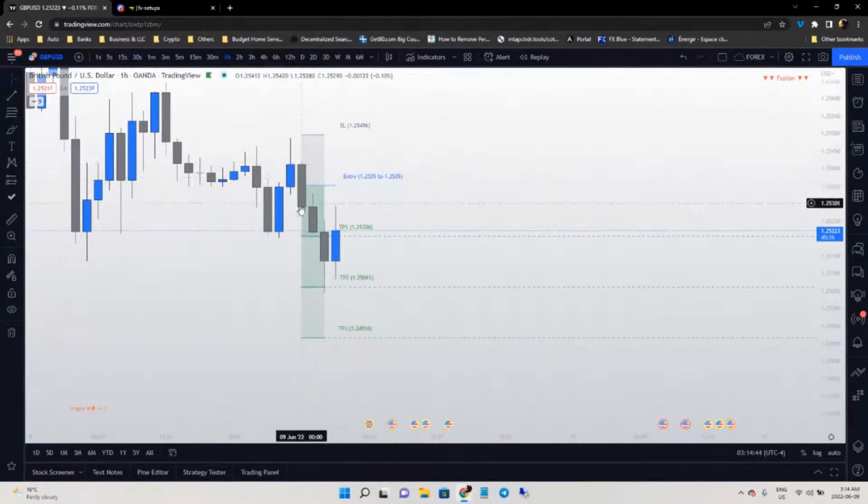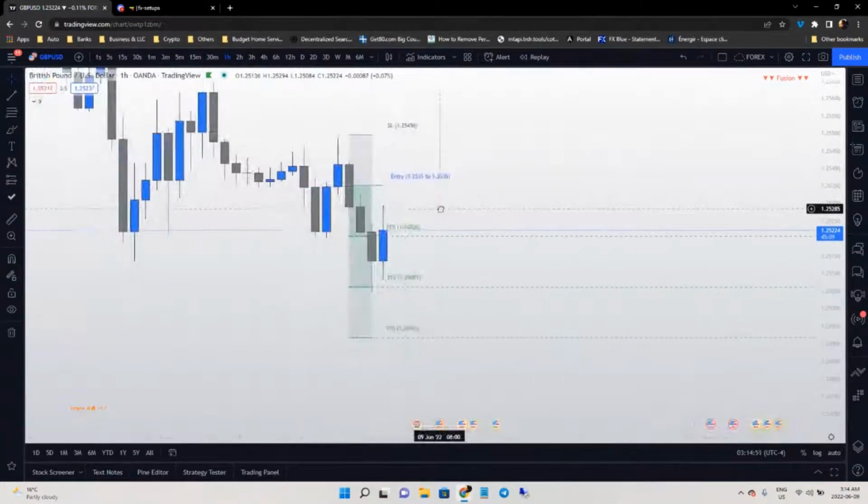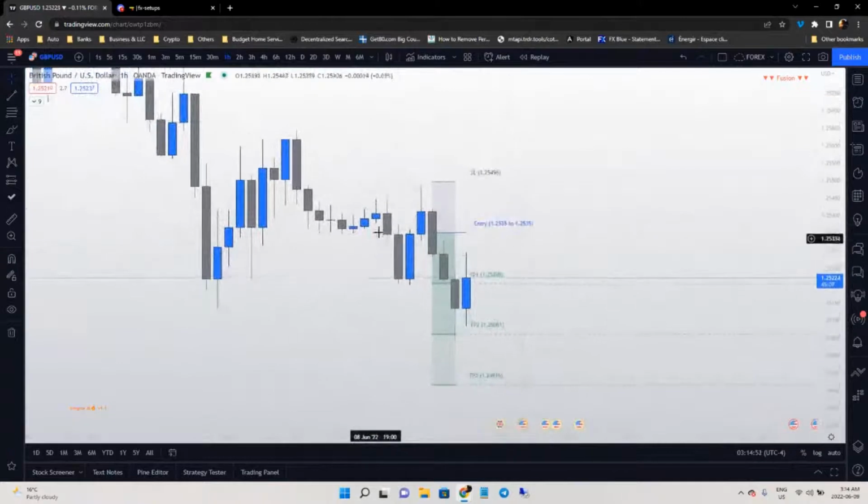Same thing: this candle closes and then gives you an entry.